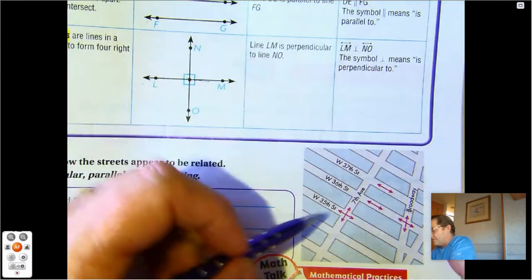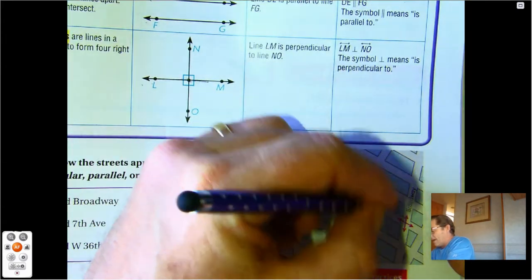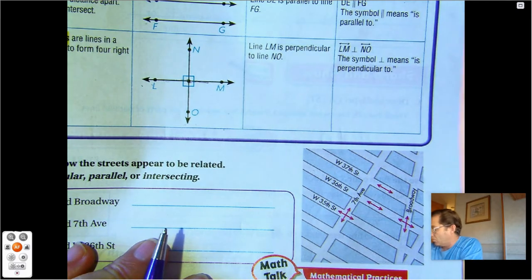Now, do these two streets form right angles?